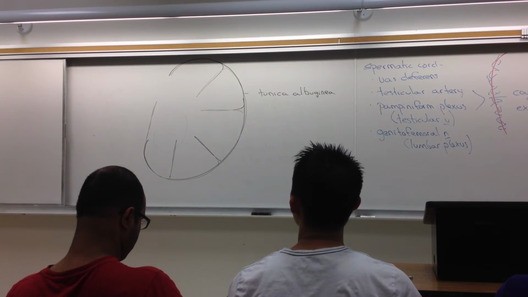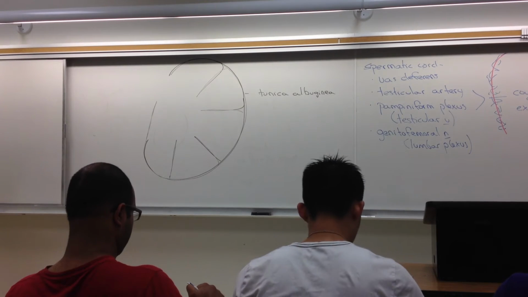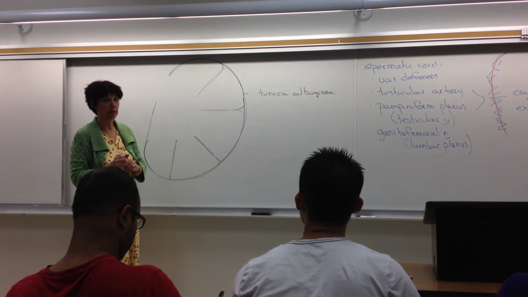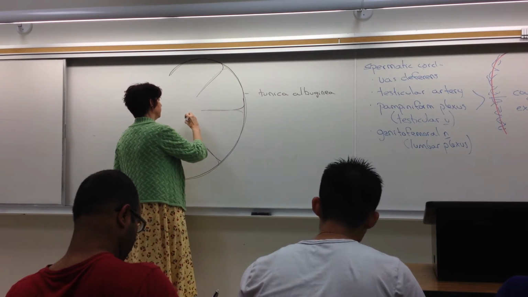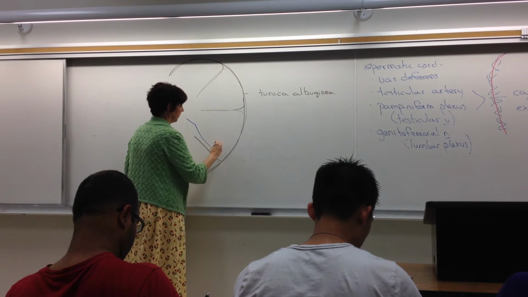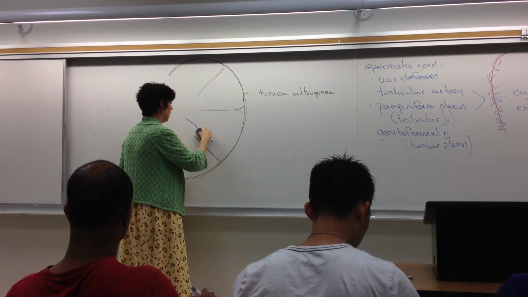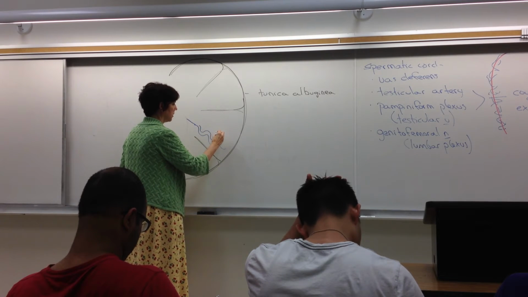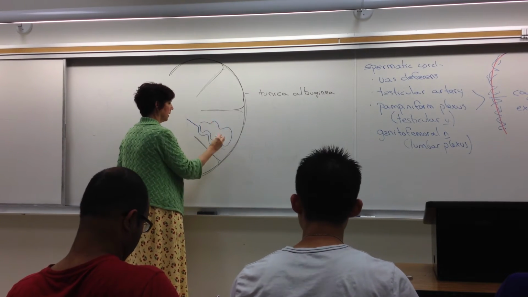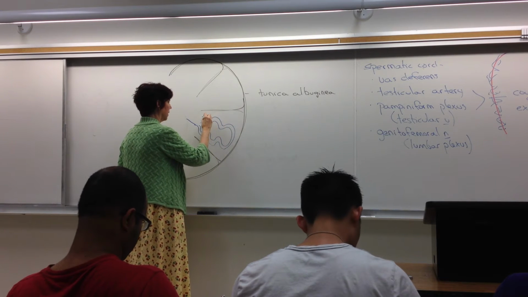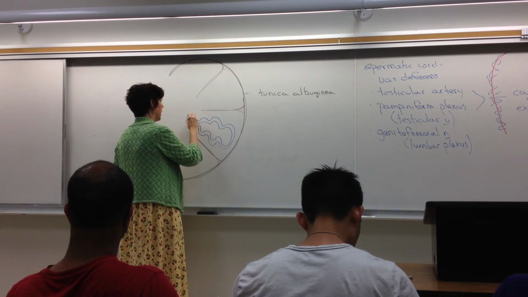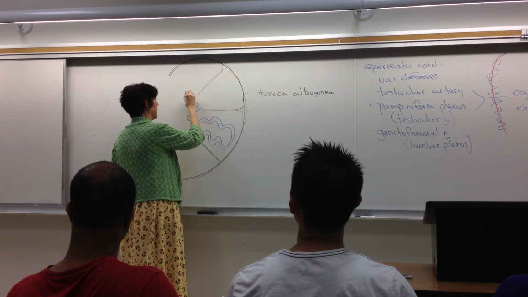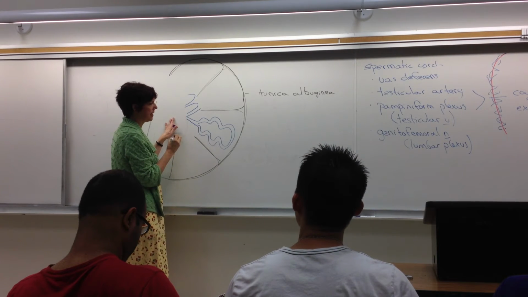Within the lobules, we have about 15 to 20 lobules, seminiferous tubules within each lobule. I'm just going to draw one. These tubules are highly coiled, much more than I'm actually drawing. And then they come together and join kind of in the center here of the testis.